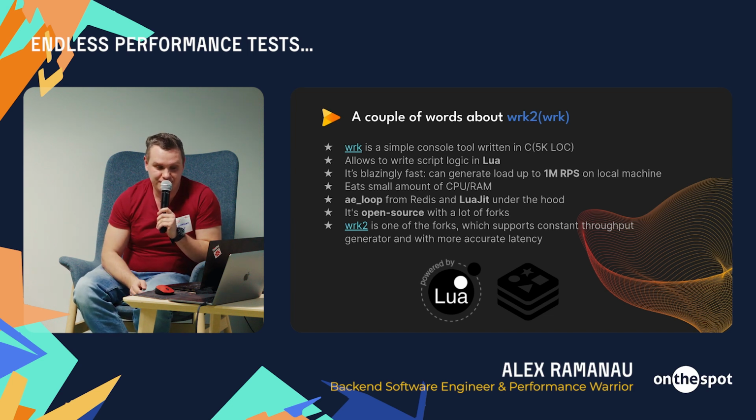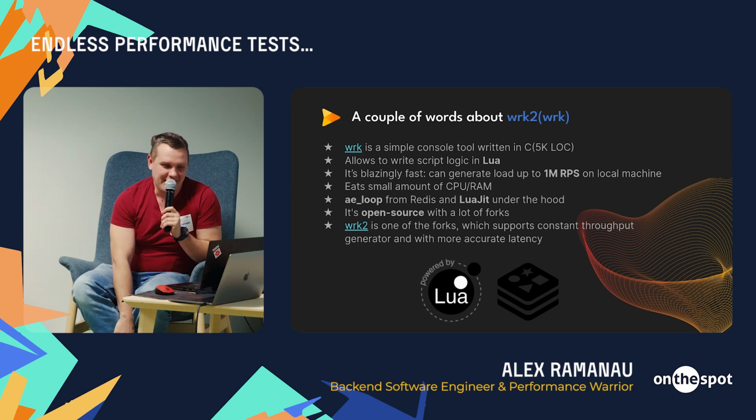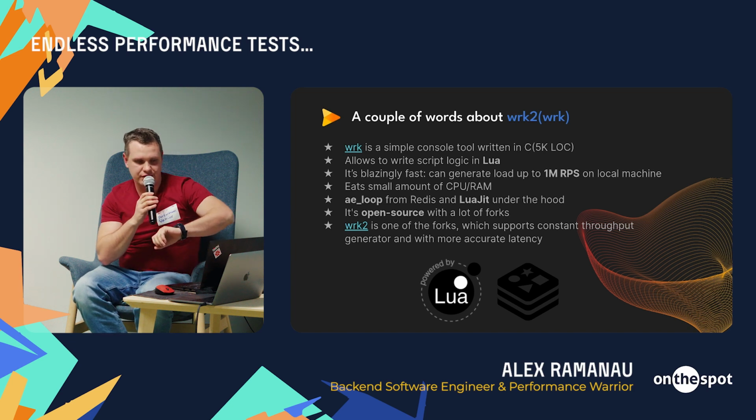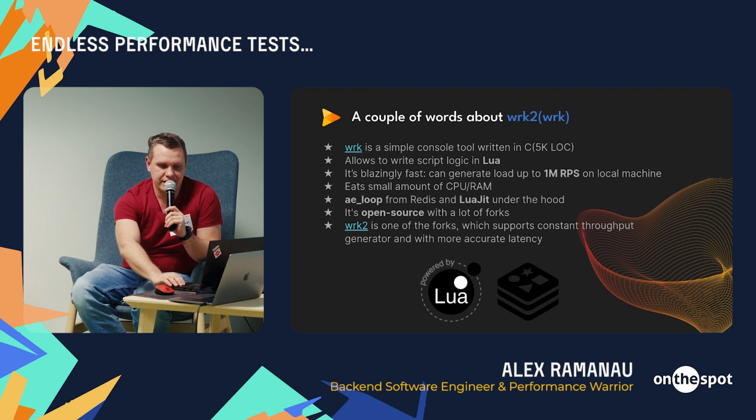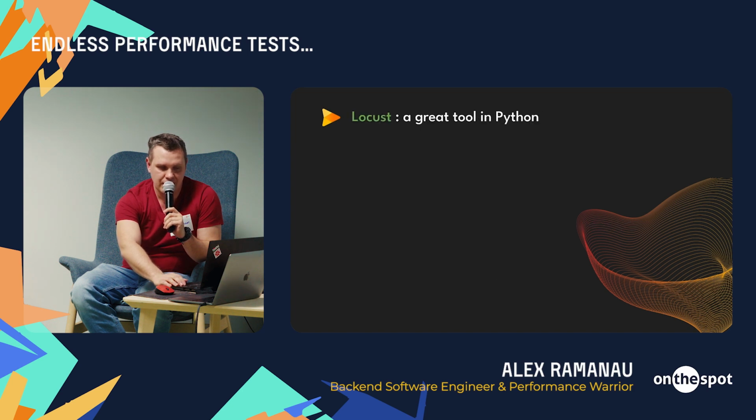It's a pretty nice tool, like a hammer. You may kill almost any service except Nginx, maybe. It uses a small amount of resources, and under the hood it uses LuaJIT and an event loop from Redis. Wrk2 is just a fork which has nice features like constant throughput and more accurate latency.